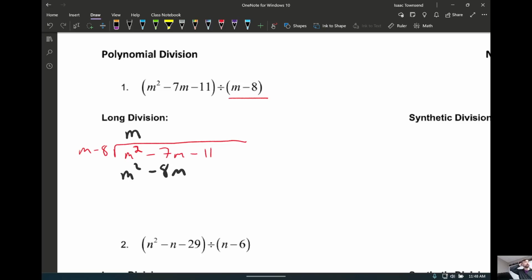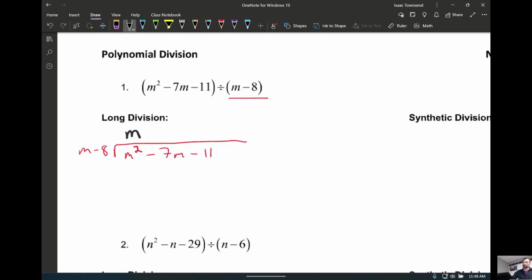Now, here's where, unless you have a better method that you are sure you're consistent with, this is where I would like you guys to take my advice and do what I'm about to show you. You're really supposed to take all of this minus all of that, like you're subtracting the whole thing in parentheses. But students often forget that. They just subtract this one and then they add that one, which doesn't make sense.